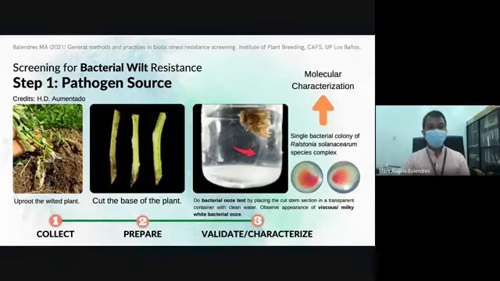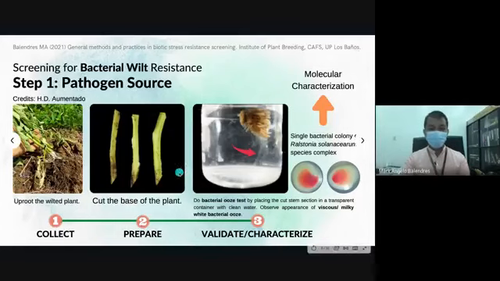So if you have a wilted plant, usually with bacterial wilt, the youngest leaves, the upper portion, are mostly the ones that are infected and the ones that will start to wilt. And with bacterial wilt, your plant doesn't turn yellow. It remains green, maybe turning yellow later on in severe cases, but usually it should be green all throughout. If not, then that could be caused by Fusarium wilt.